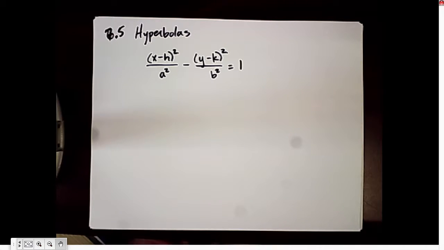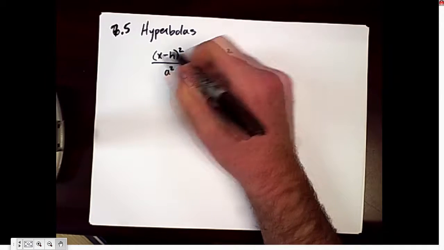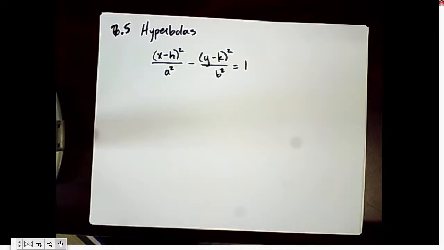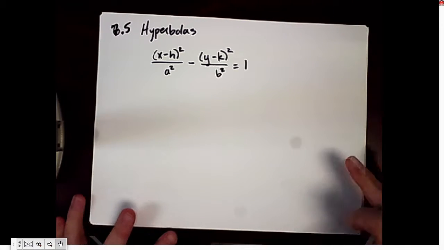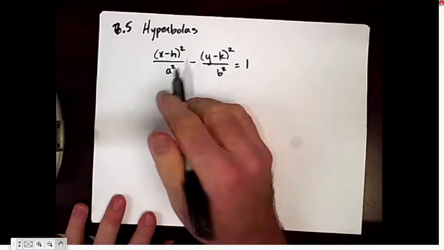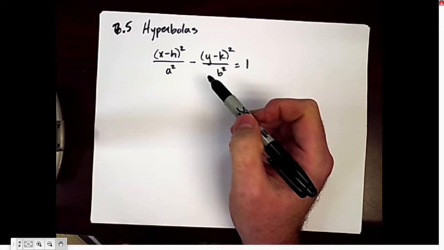If this were an ellipse, what would the equation look like? There's just a plus here. These are both still minuses, but this is a plus. Because in an ellipse, you're adding the 2 distances. In a hyperbola, you're subtracting the 2 distances. So there's a minus.